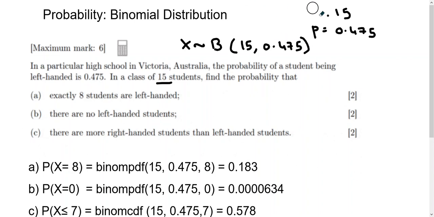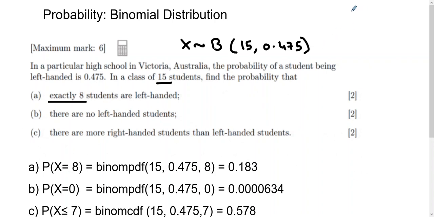So we identified that we have to use a binomial distribution in this case to find the probability. So what does the question ask us? Find the probability that there are exactly 8. So look at the word here, exactly 8. So when there is exactly 8, we use binomial PDF.